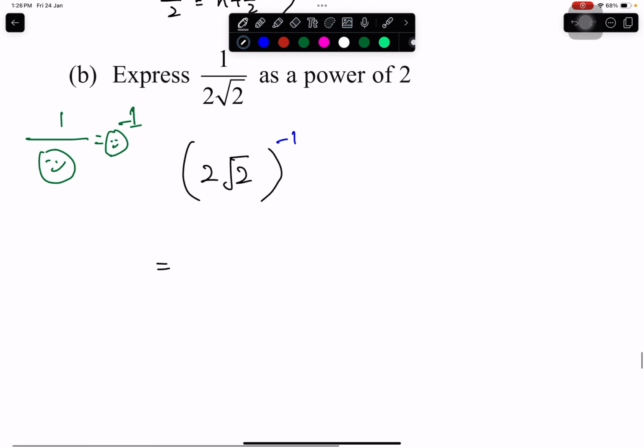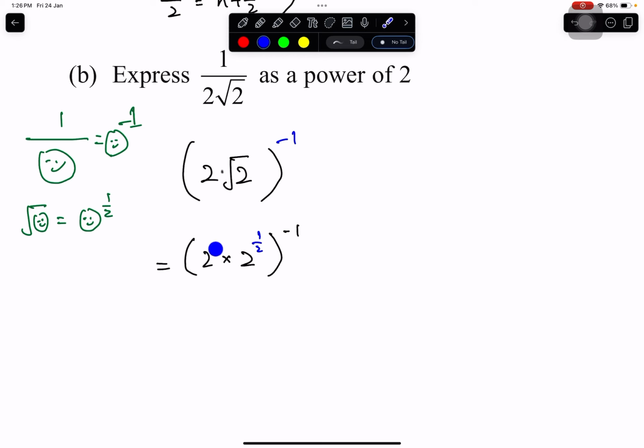Again, the root 2, we say root of something is equal to something to the power of 1 over 2. So you will have 2 times, because 2 root 2, not 2 plus root 2, is 2 times root 2. The space in the middle means they are multiplying, which is 2 to the power of 1 over 2. Outside is the negative 1.